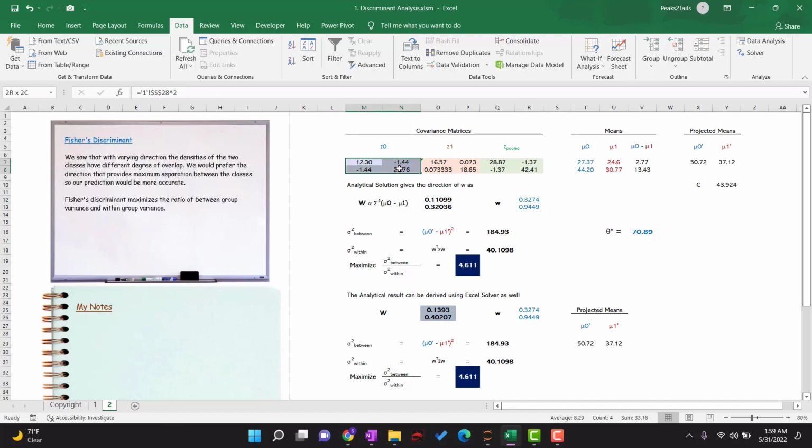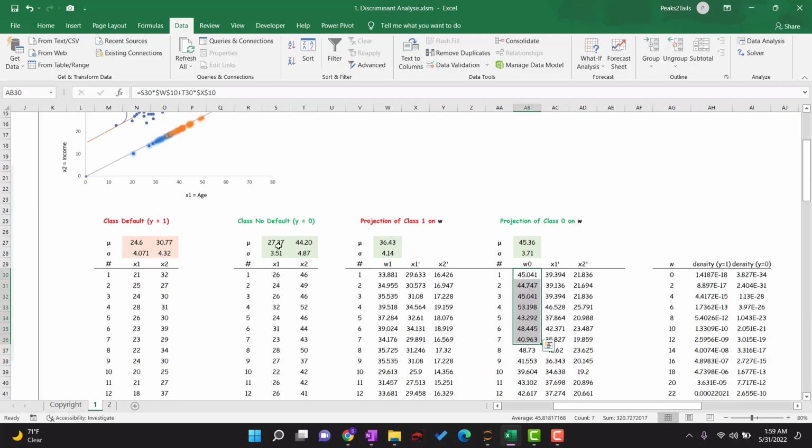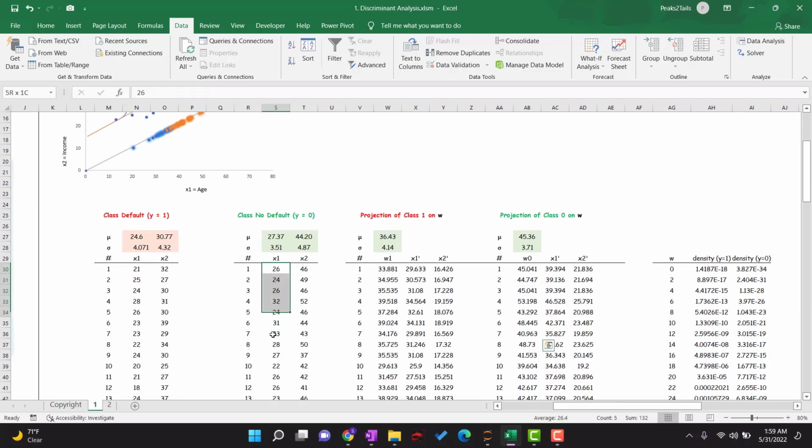First of all, you have to calculate the variance covariance matrix of the two classes. We already calculated the sigmas, so we have to calculate the variances and covariances. For class 0, you take the variance of this, and then the covariance of these two, and create that 2 by 2 matrix.